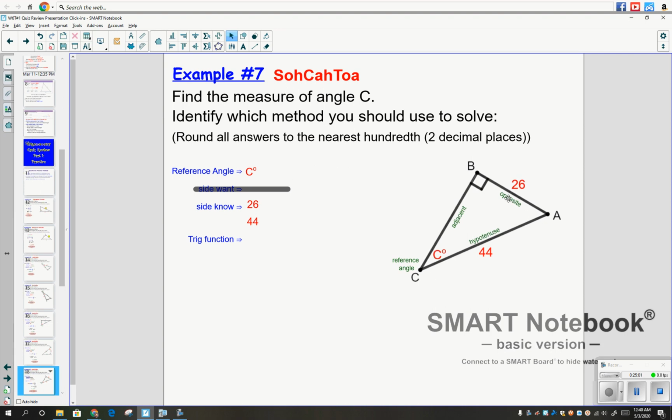So what do I have? Opposite and hypotenuse. 26 is opposite. 44 is the hypotenuse. Which trig function am I going to use? Sine. So as I said on my equation, sine of C, sine of the angle, will equal the ratio of opposite over hypotenuse, which is 26 over 44.